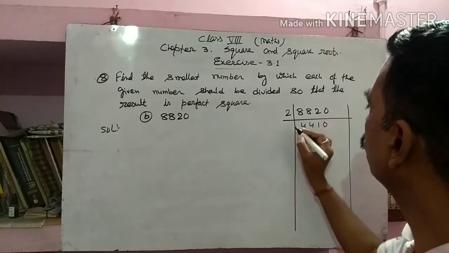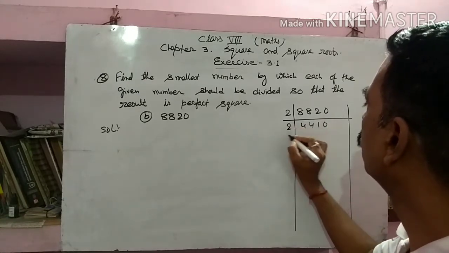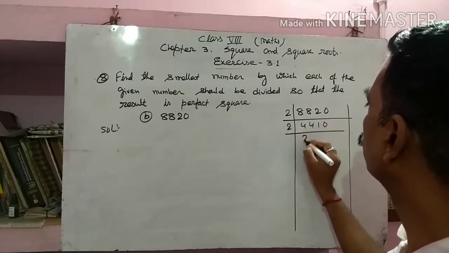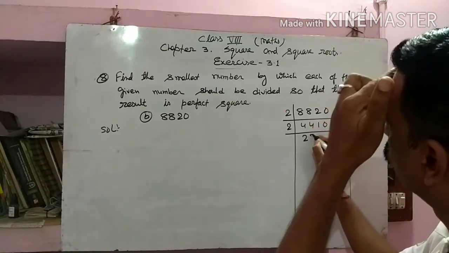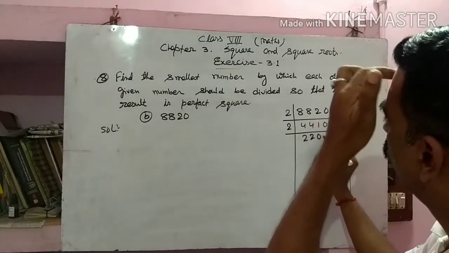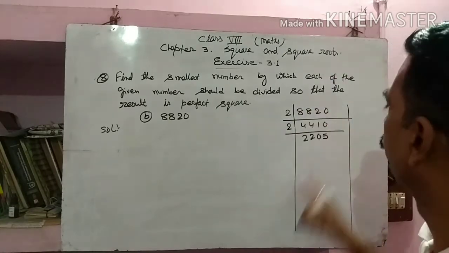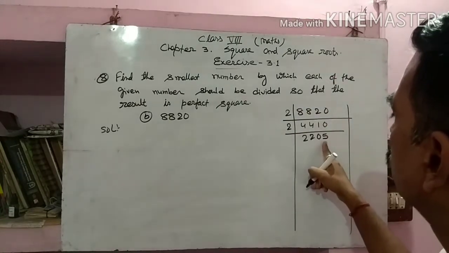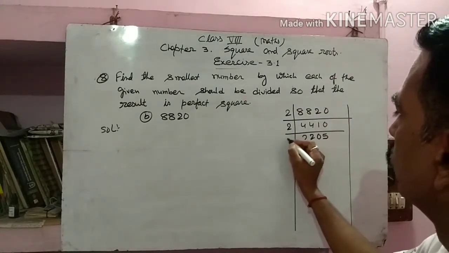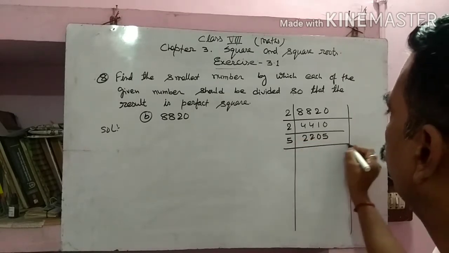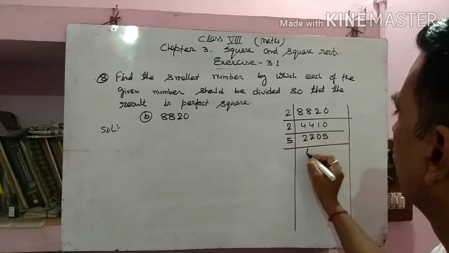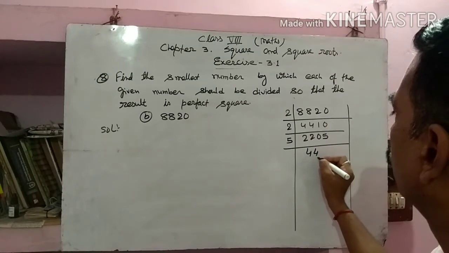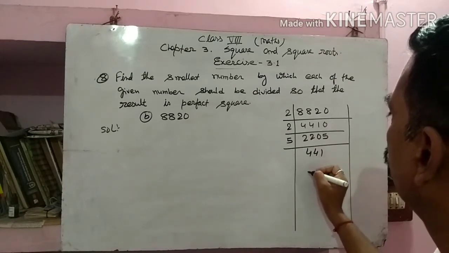Finally this one is 0, so this is also divisible by 2. Then 2 times 2 is 4, 2 times 2 is 4, 0 and 2 times 5 is 10. The ones place is 5, so this number is divisible by 5. So we divide that number by 5. 5 times 4 is 20, 5 times 4 is 20 and 5 times 1 is 5.